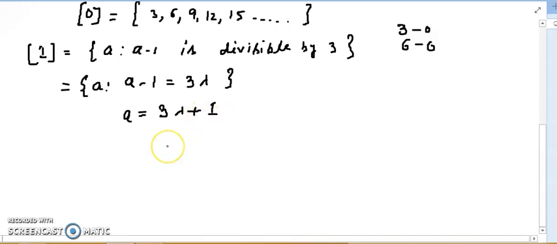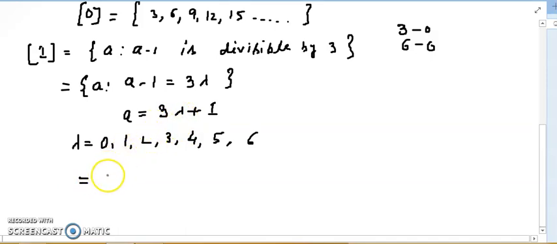All right, now take the various values of lambda. I'm taking lambda equal to 0, 1, 2, 3, 4, 5, 6. Okay, now put these values. If you put lambda equal to 0, the value of a is 1.